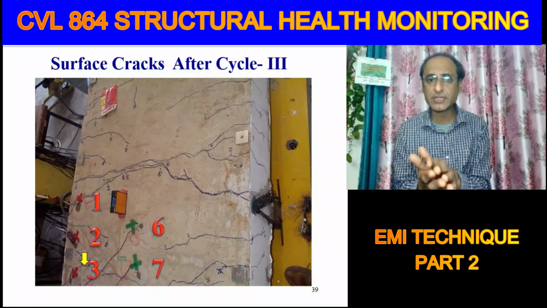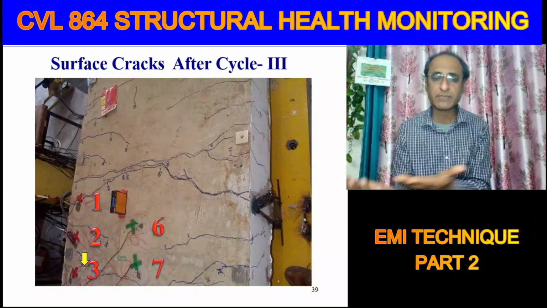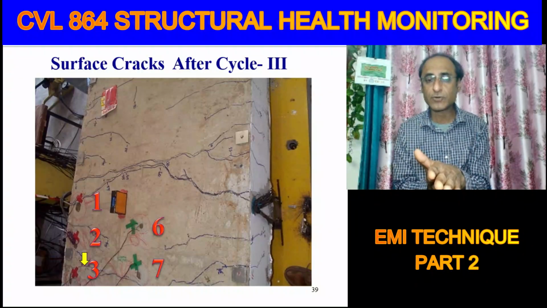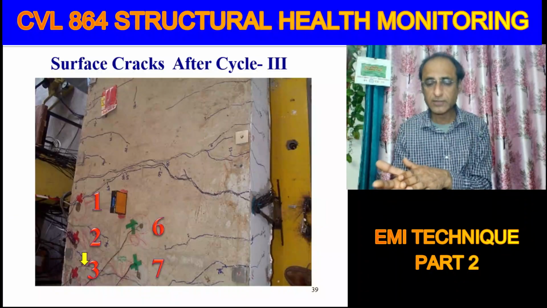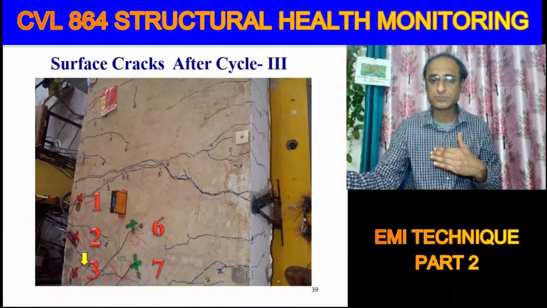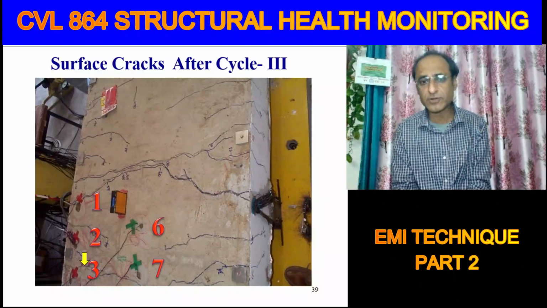Whatever is the strain in the rebar or the concrete surface, the same is reflected in the strain gauge. But after the contact is broken, even if the structure undergoes large strain, it will not be transferred to the strain gauge. So that is called a slip.